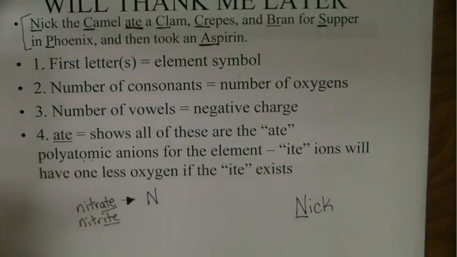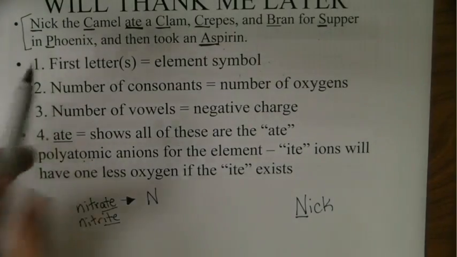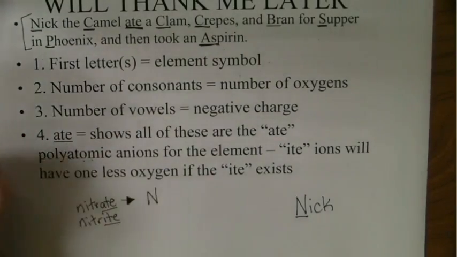One other thing to make note of is that all of the -ates and -ites are that element, nitrogen, carbon, chlorine, and so on, plus a number of oxygen. Ites and ates all have oxygens attached.